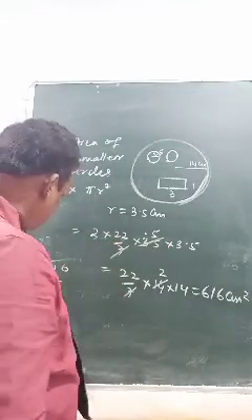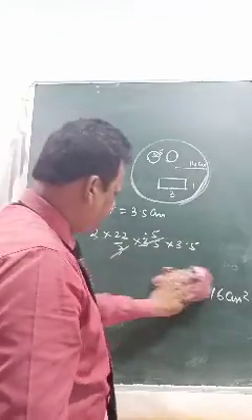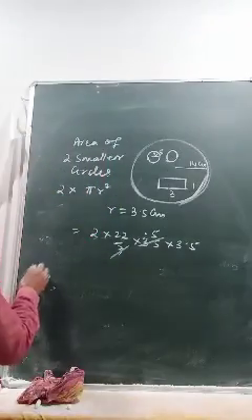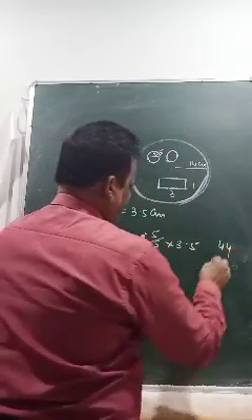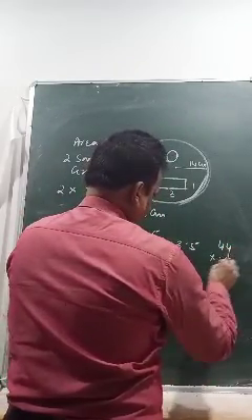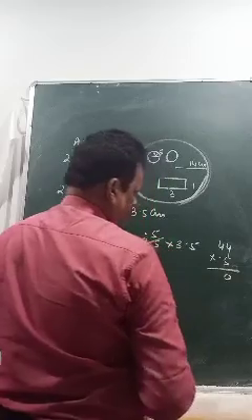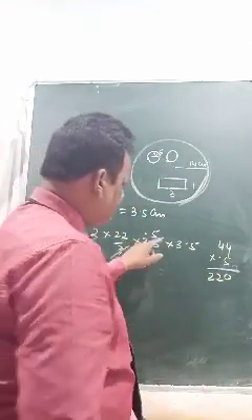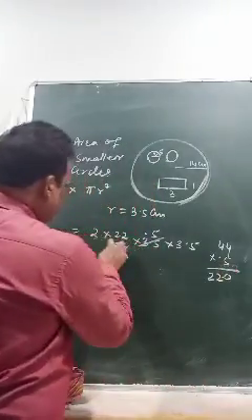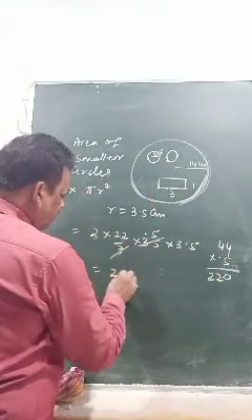Multiply everything here. 22. But after decimal one digit put here. So these 3 became 22.